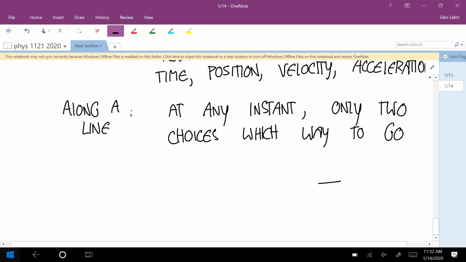So like if this is the line and this is the particle moving along the line, it can go this way or it can go this way.